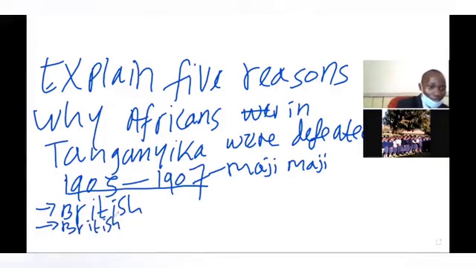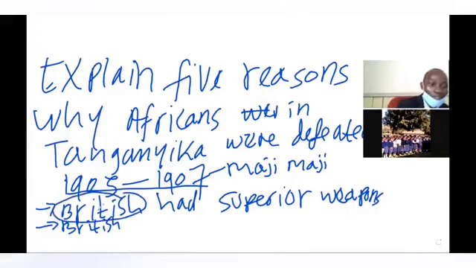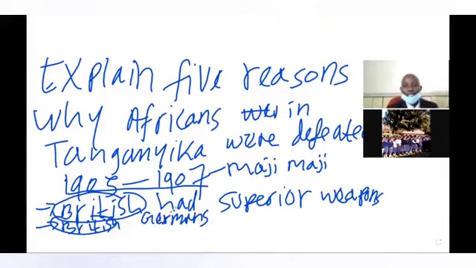These are mistakes that I'm talking about. I saw a student writing this: British had superior weapons. You are going to lose all the marks. British had well-trained army, unlike Africans. British were well organized. They received reinforcement, and we are not talking about this. We are talking about Germans. So ensure as a candidate, you review your work so that careless mistakes like this you will not make.